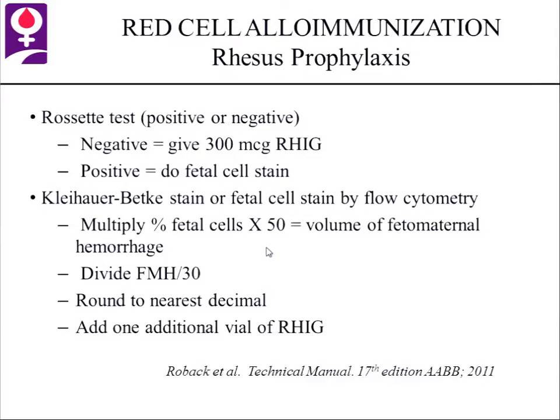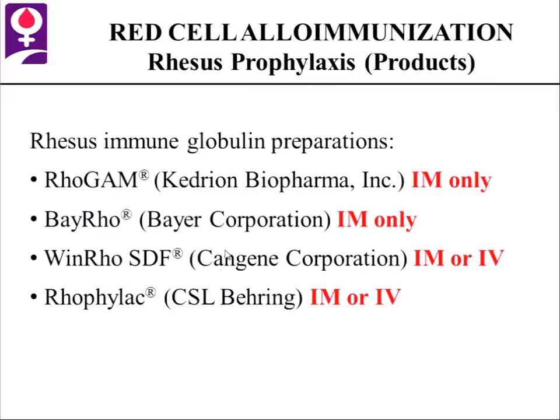We don't actually measure the maternal blood volume, and that gives us a volume of the bleed. They divide by 30, since 1 vial will neutralize a 30 cc bleed, round up to the nearest decimal, and add 1 to grow on, which I always think is interesting. The obstetricians are then told to give 3 vials or 2 vials, whatever's indicated.